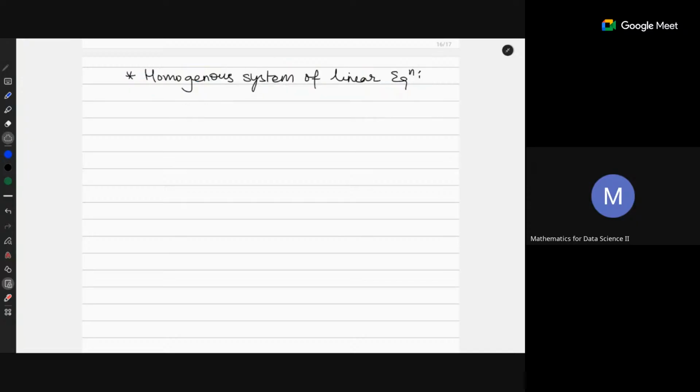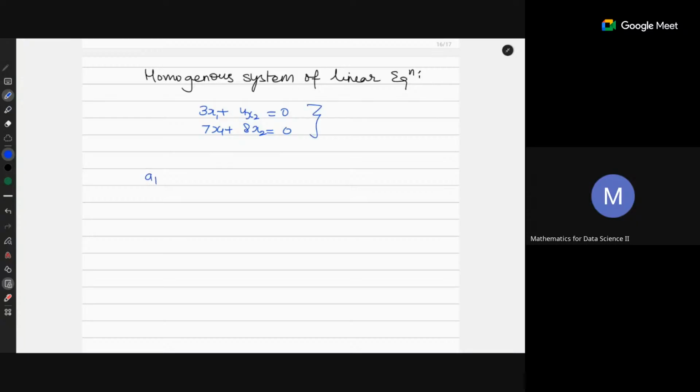Homogeneous system of equation. Okay. So what is the homogeneous system of equation? When your B vector is a zero vector. Okay. So what do I mean by that? Suppose you have a system of equation where the right hand side is zero. All linear equations are equating to zero. In particular, for an example, this is a system of linear equation, homogeneous system of equation.